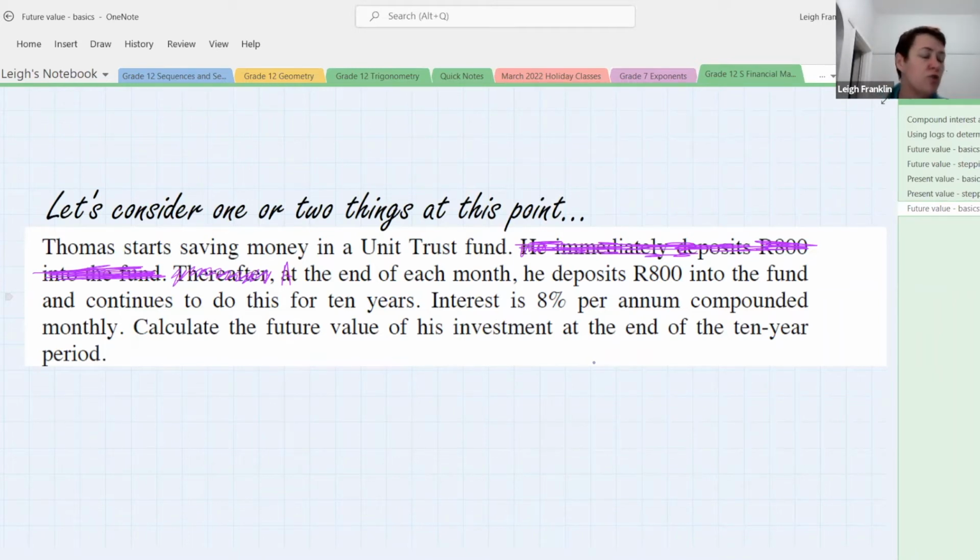Okay, so it's just straightforward subbing into future value. Do you guys want to go ahead and do that? And then you can share your answer in the chat, and then I'm going to take the purple writing away, and then we're going to talk about what changed.